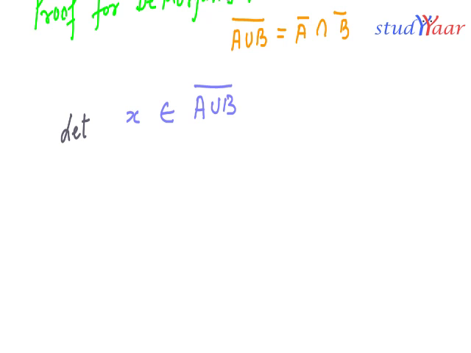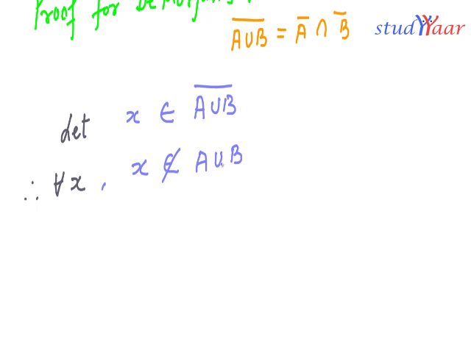Then for all X, what is the meaning of X being an element of this? It basically means that X is not contained in A union B. I'm going to write it like this: X is not an element of A union B.